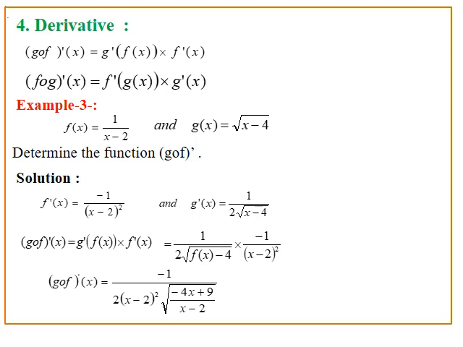Then we substitute f of x by its value 1 over x minus 2, and we get the derivative of g round f of x.